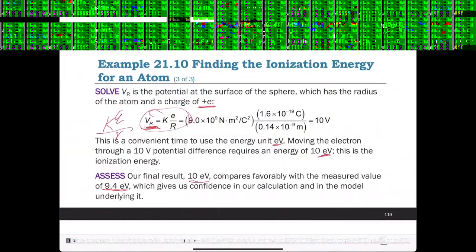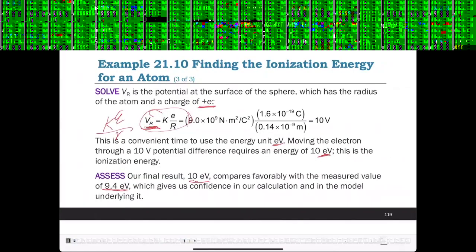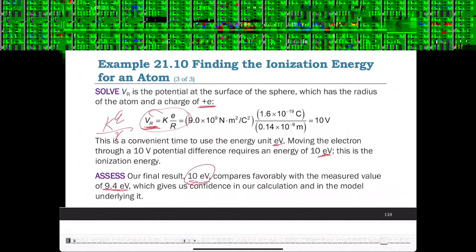You can check the table, and the table tells us the measured value is 9.4 eV, and what we calculated is 10 eV, so it is near. Which means our result makes sense. Does this make sense to you? Okay, let's continue.